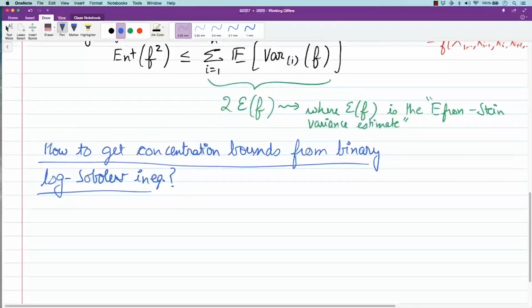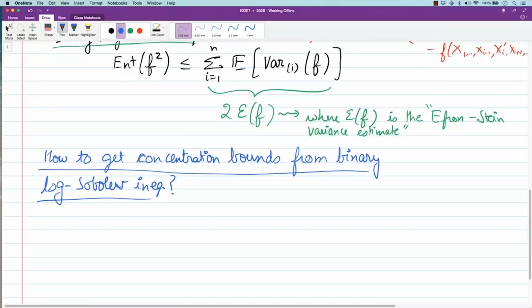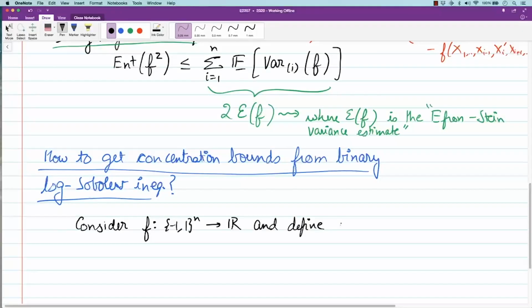What we will do is apply this inequality to a function. Consider f from {-1, 1}^n into R, but we will not apply binary log-Sobolev to this function directly. Remember we have to look at the entropy of e to the power lambda f. Apply it to g(x) equal to e to the power lambda f(x) by 2.